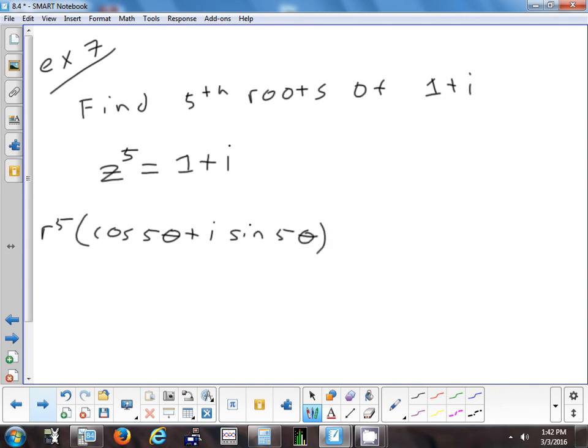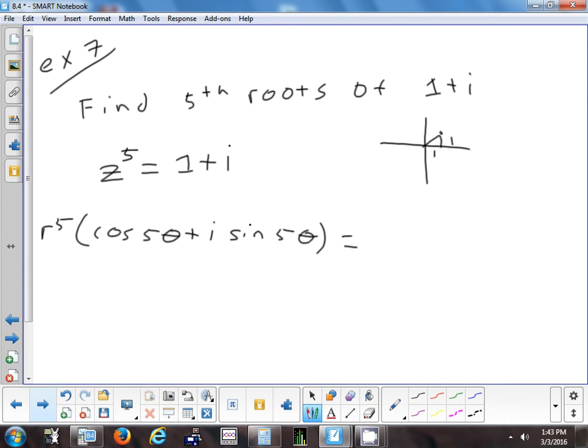r to the 5th, cosine 5 theta plus i sine 5 theta. And now on the right, we have to change this to trig form. Okay, 1 plus i. How do I graph 1 plus i? 1 to the right and 1 up.